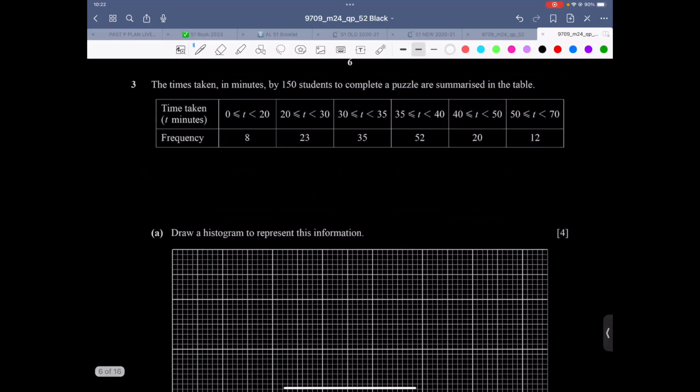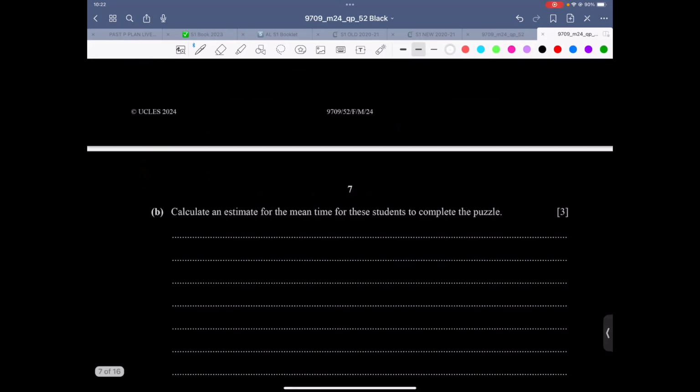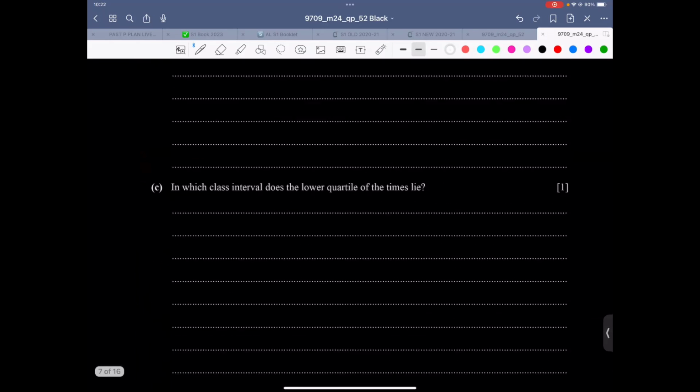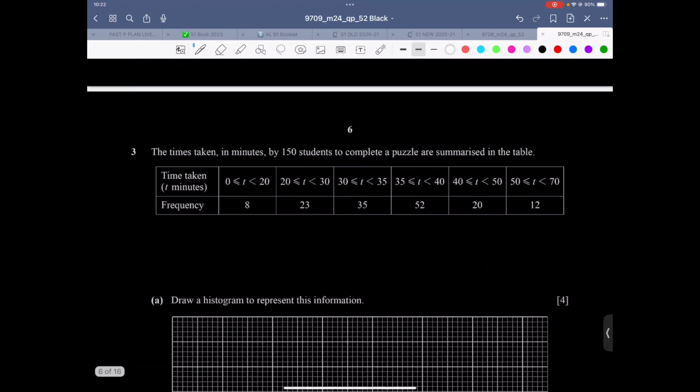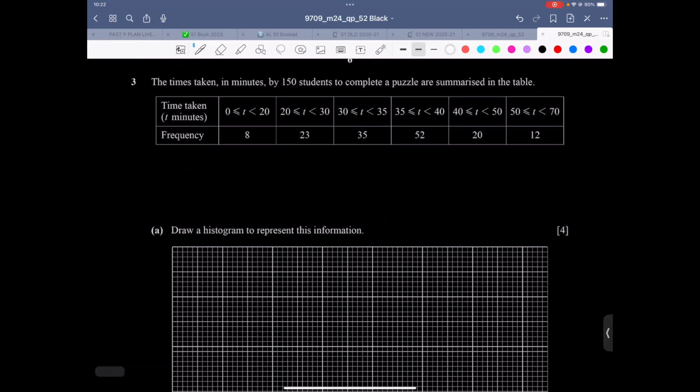Question number 3. This is about a histogram, and then it's about mean, and then it's about the class interval of lower quartile, upper quartile kind of thing. So now the question says, the times taken in minutes by 150 students to complete a puzzle are summarized in the table, and draw a histogram.